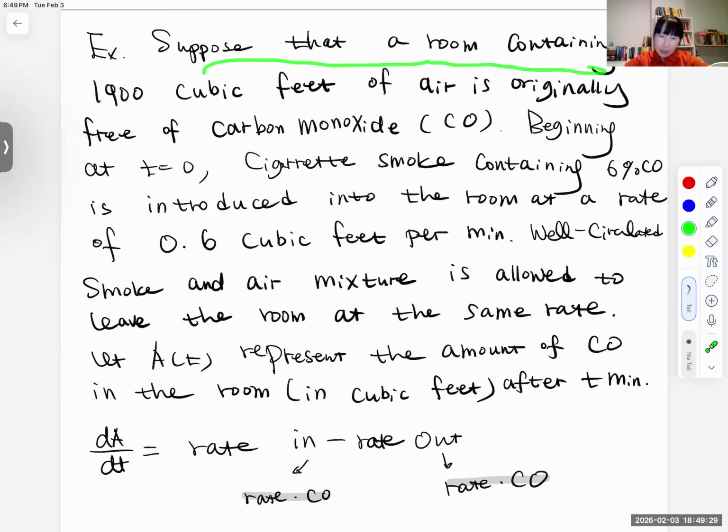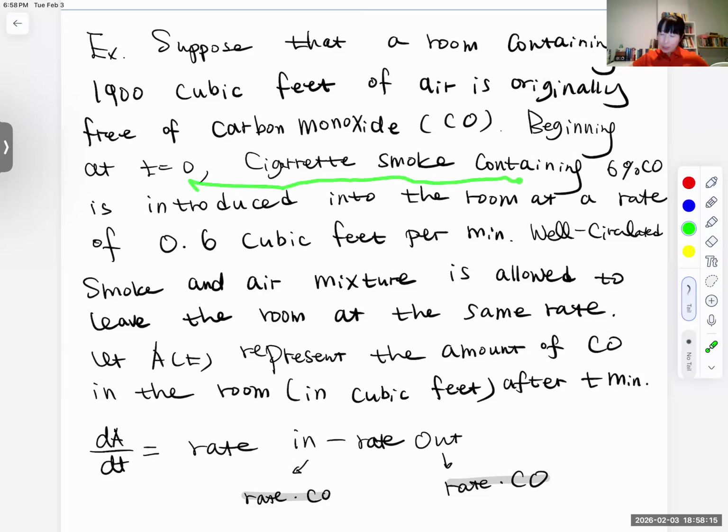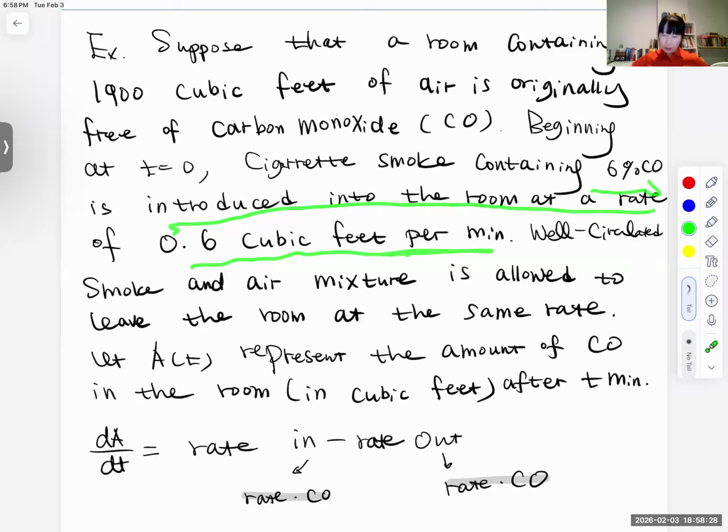Suppose that a room containing 1900 cubic feet of air is originally free of carbon monoxide, CO. Beginning at T equal to 0, cigarette smoke containing 6% CO, carbon monoxide, is introduced into the room at a rate of 0.6 cubic feet per minute, where the circulated smoke and air mixture is allowed to leave the room at the same rate.